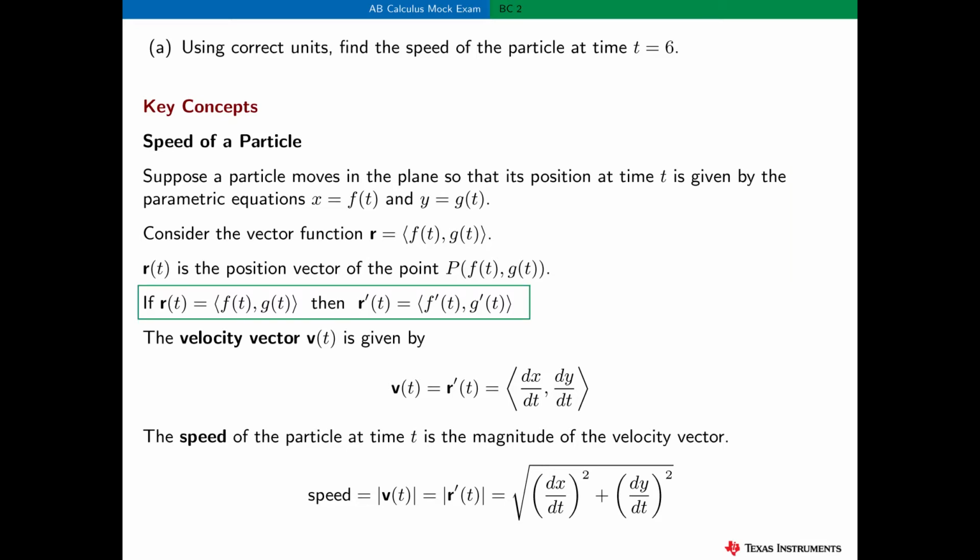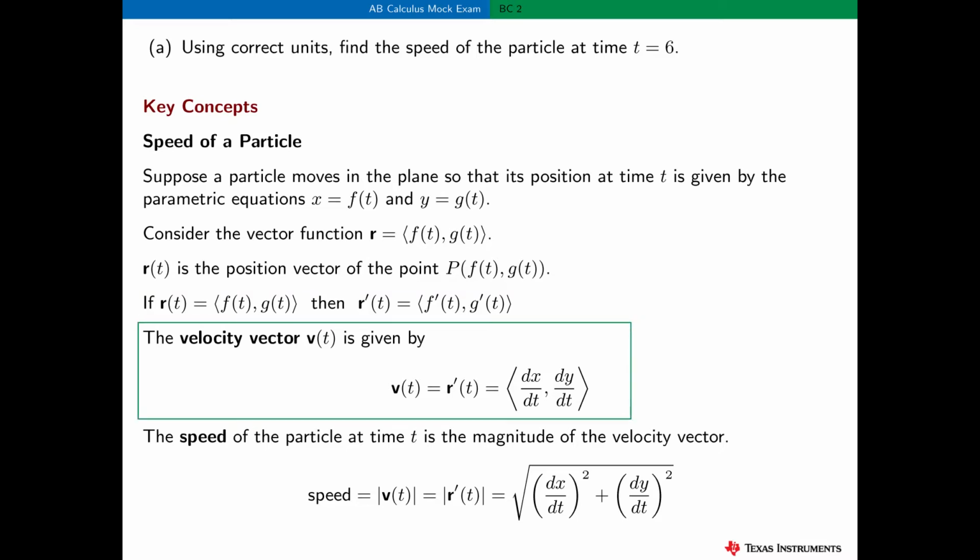The derivative r prime of t of a vector function r is defined in much the same way as for a real-valued function. As a result, if we write r of t like this, then here's an expression for r prime of t. We simply take the derivative of each component.